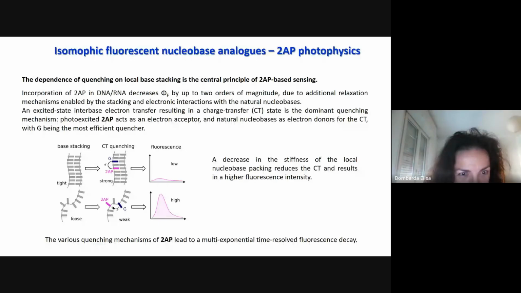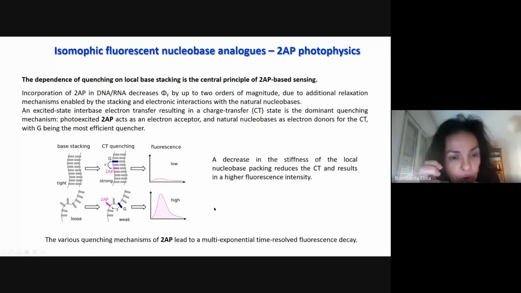So there is this connection, especially the charge transfer from guanine, which quenches the fluorescence of 2-aminopurine, which instead is restored when the base pairing, let's say, is locally disturbed.